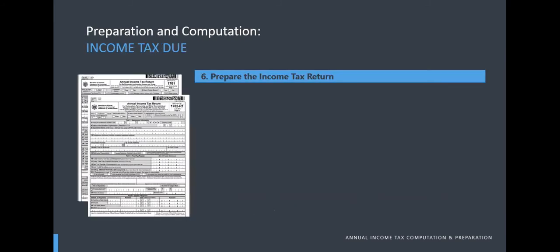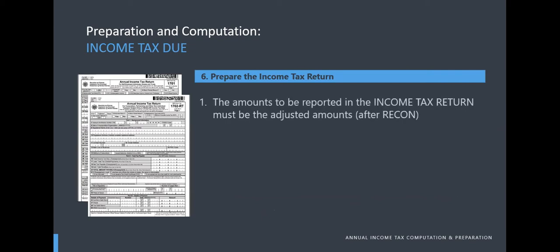So, after we determine the taxable income, the reconciling items, and we already computed for the income tax due, we can prepare the income tax return. The amounts to be reported in the income tax return must be the adjusted amounts. So this is after recon.